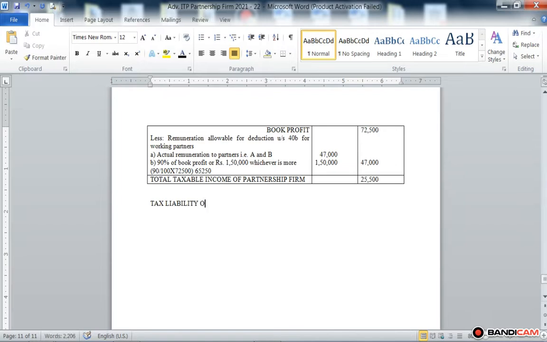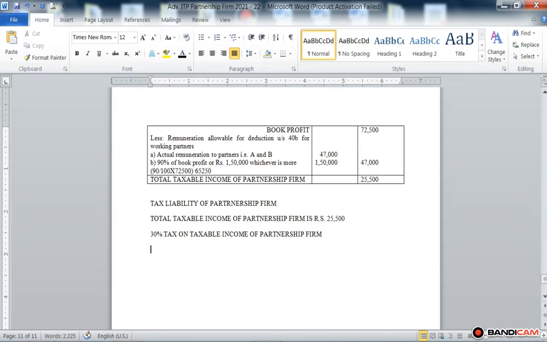Tax liability of the partnership firm. So here the total taxable income of the partnership firm is rupees 25,500. So 30% tax on the taxable income of the partnership firm.